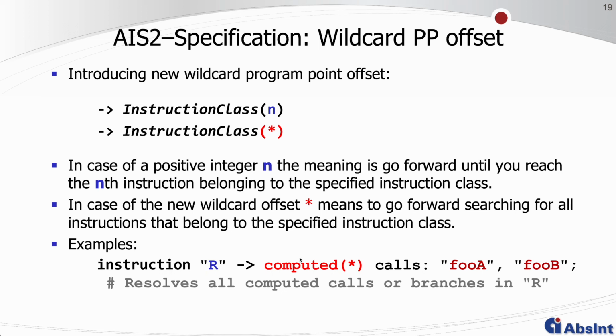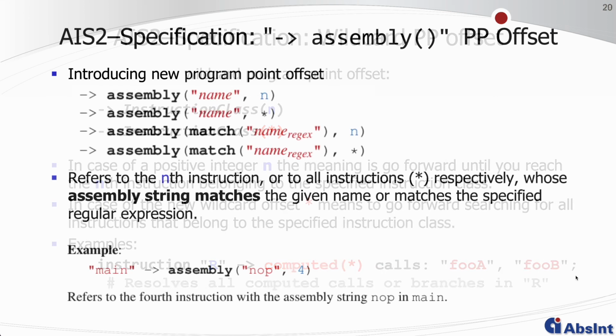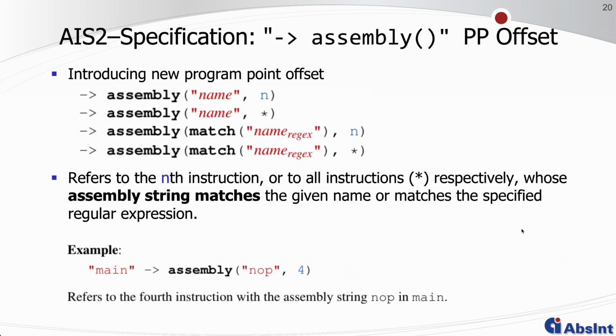Now we are introducing the star wildcard offset, which basically means that you go forward searching for all instructions that belong to the very same instruction class, so in this case, the computed calls or branches. So in this example, I annotate all computed calls or branches in R to be resolved by calling foo A and foo B.